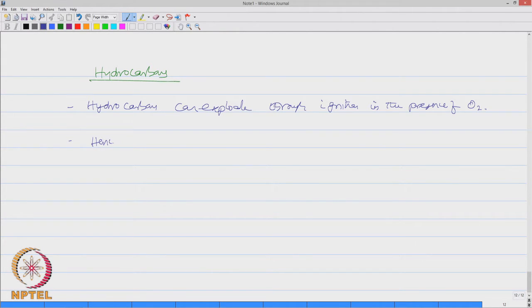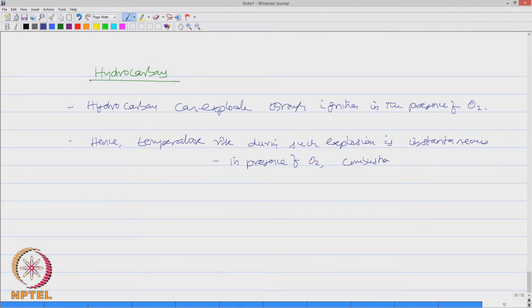Hence, the temperature rise during such explosion is almost instantaneous. In the presence of oxygen, combustion takes place.